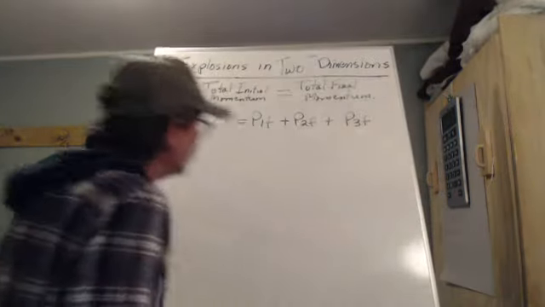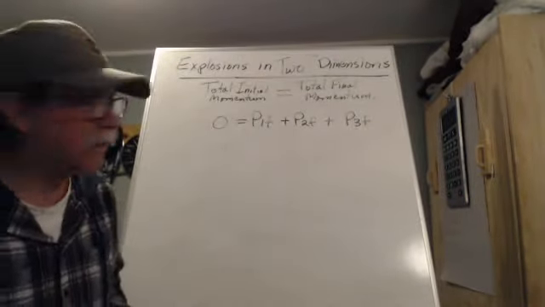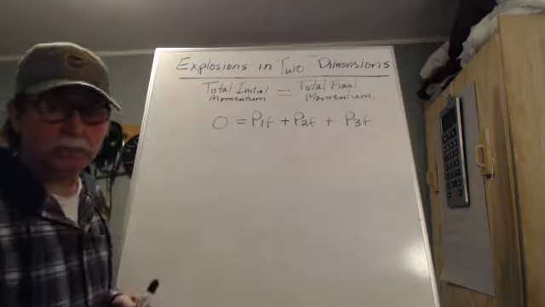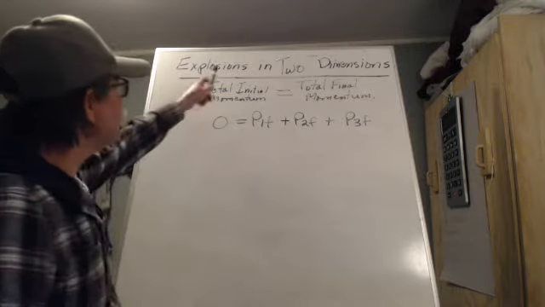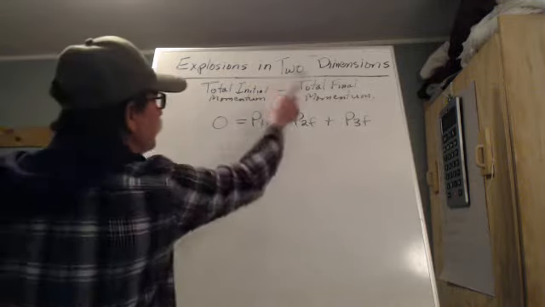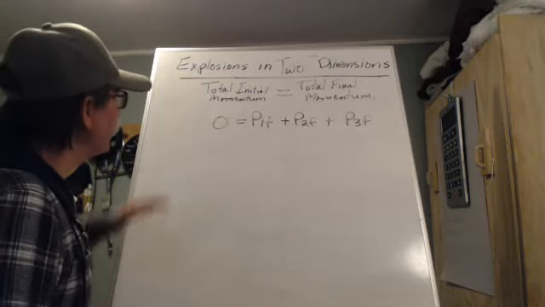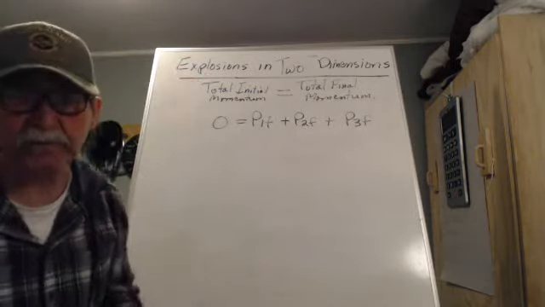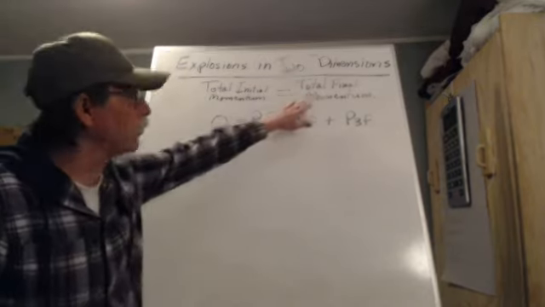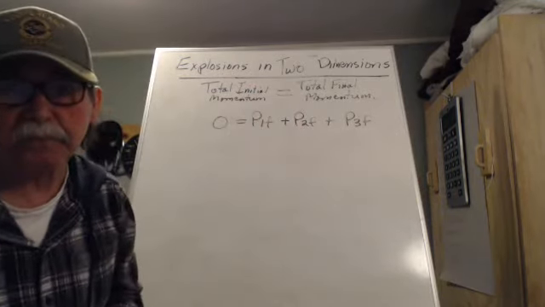Pull that in a bit. Can we see that? Yes, we can. Okay, so this is explosions in 2 dimensions. And as usual, we know that the total initial momentum will equal the total final momentum.